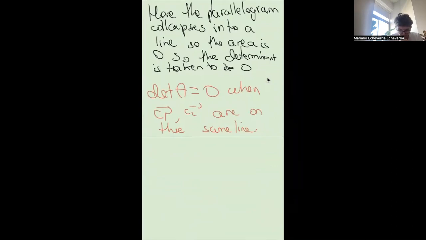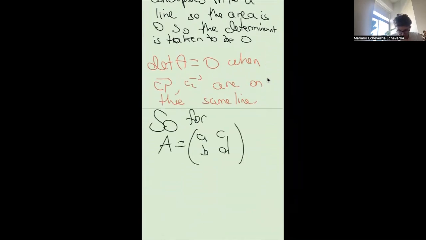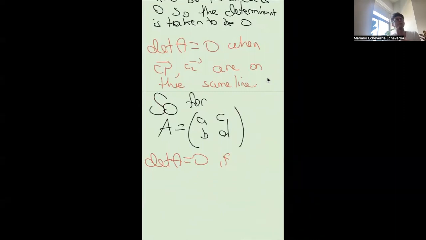And this is an important thing. The determinant of A equals 0 if the columns are linearly dependent, or another way to say it is if the columns are parallel, right?